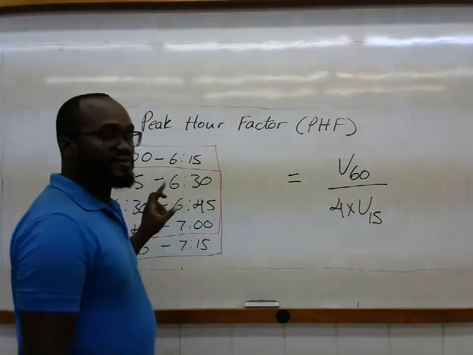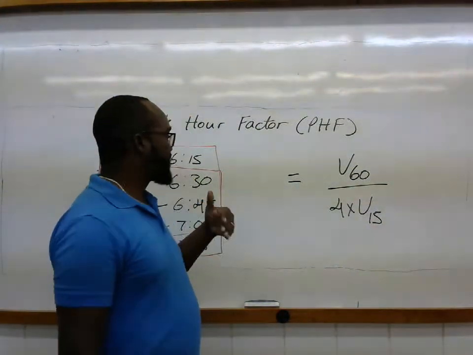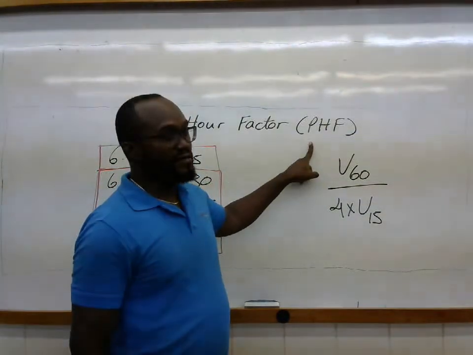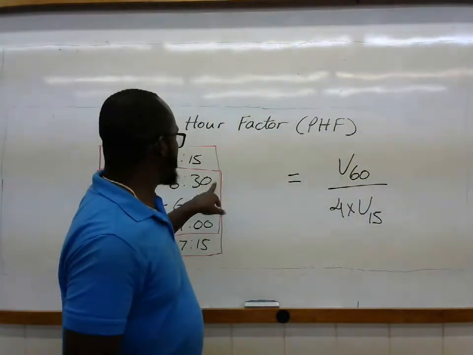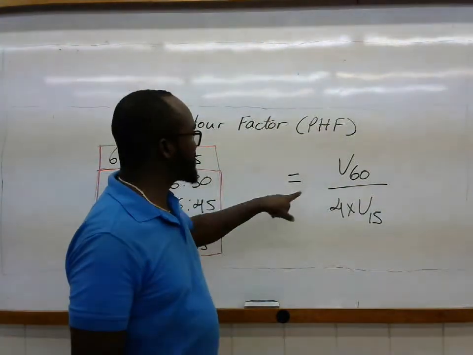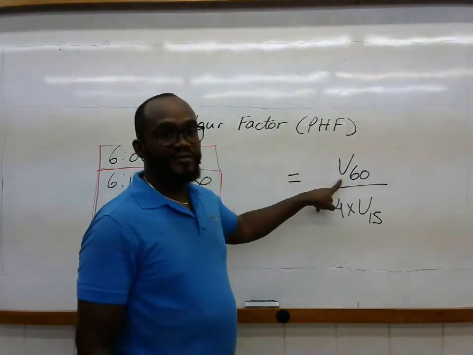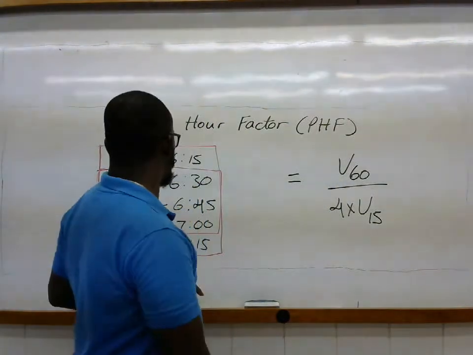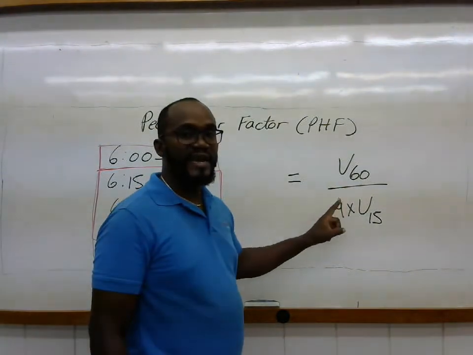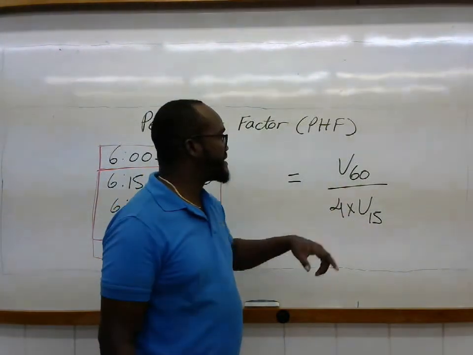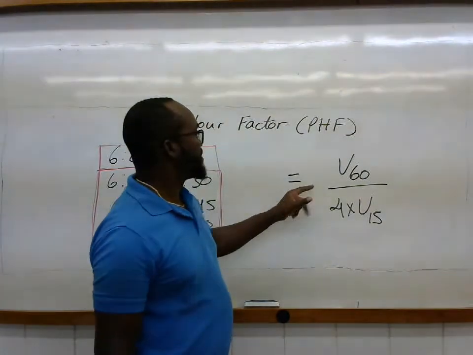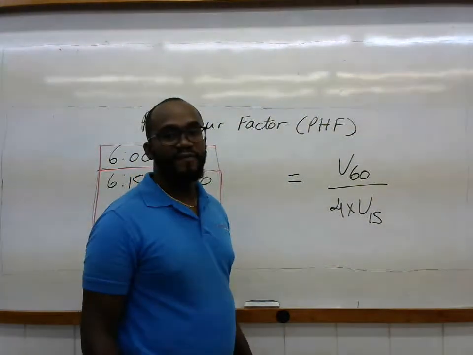So, whatever those 4 consecutive 15-minute periods are, in determining the peak hour factor, we look for the highest 4 consecutive 15-minute periods, and that term goes to the numerator. Then, the 15-minute period within that hour that has the highest volume is used in the denominator. And the quotient of that is the peak hour factor.